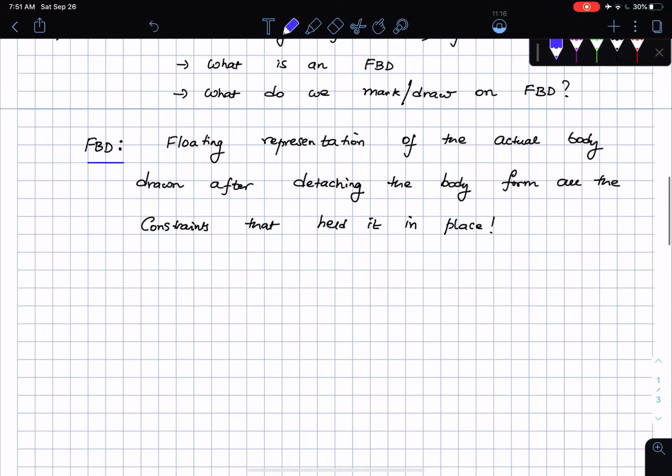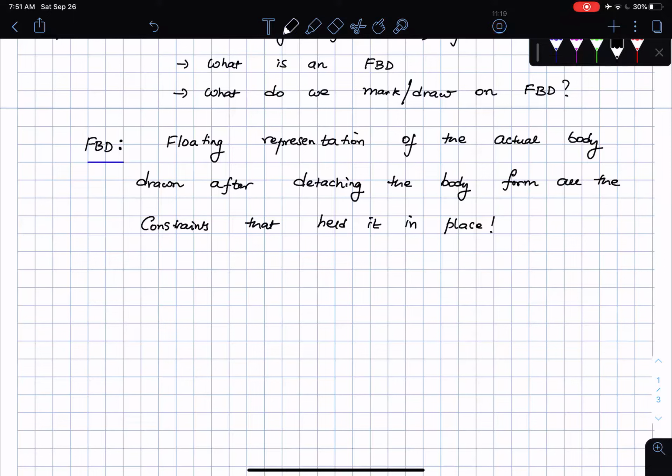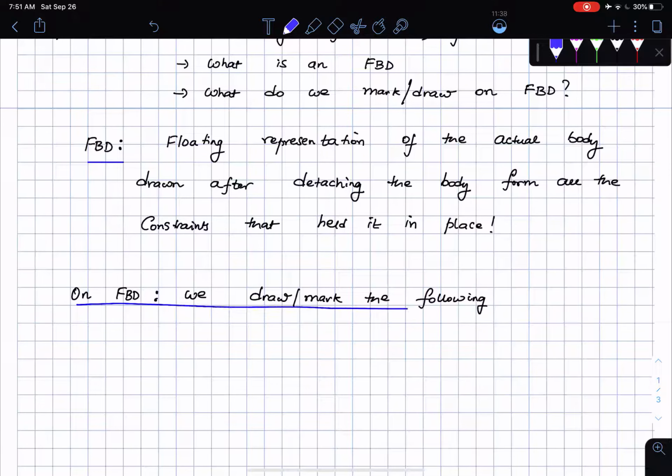The second thing is, what do I mark on the free body diagram? So on the FBD, we draw or mark the following. And once we draw figures, you will understand what I'm talking about. So what are the following?